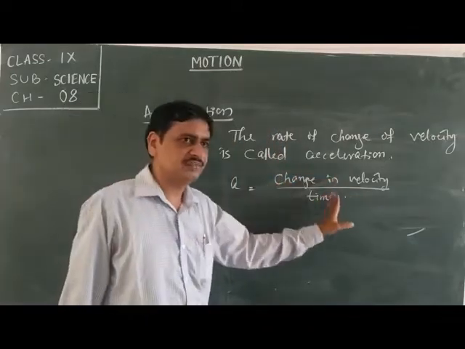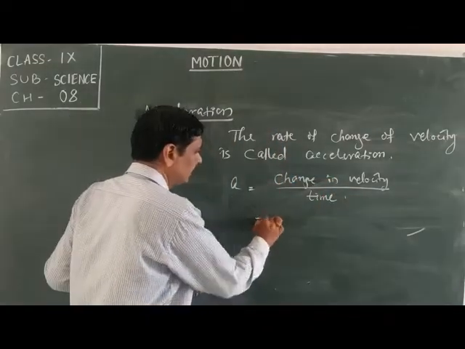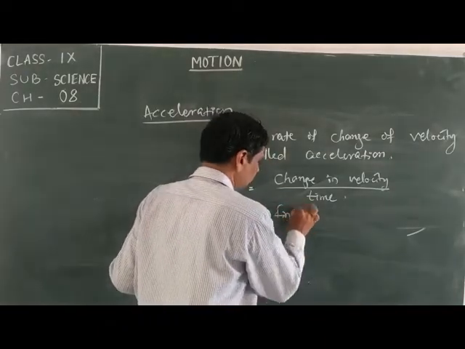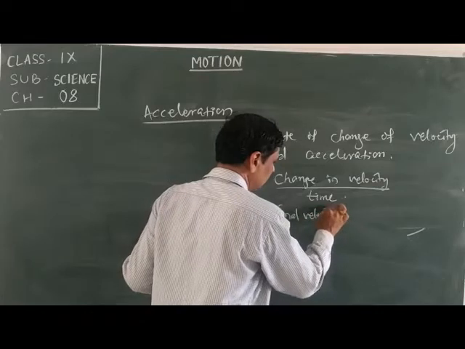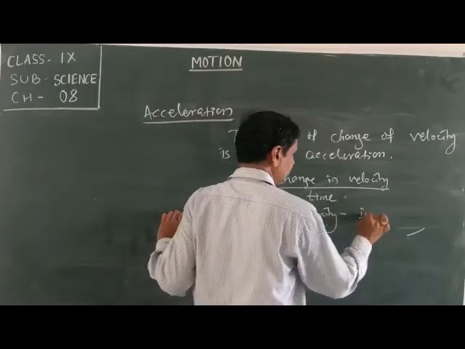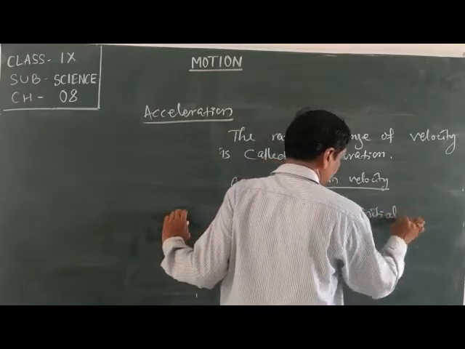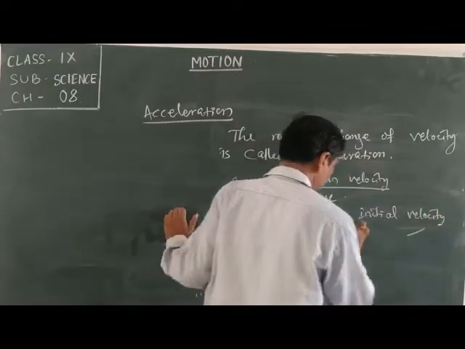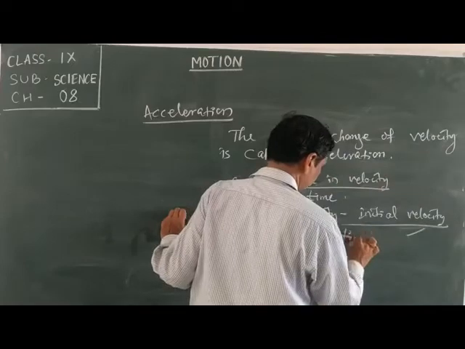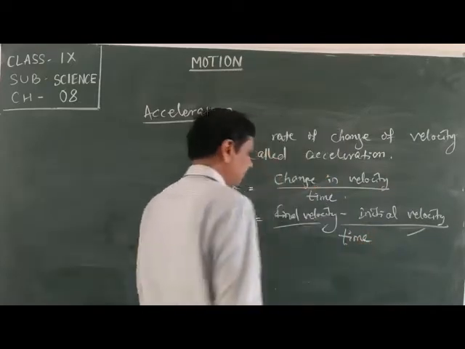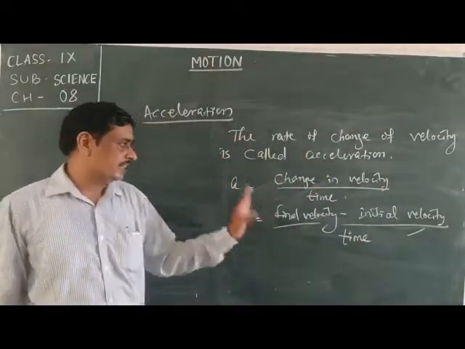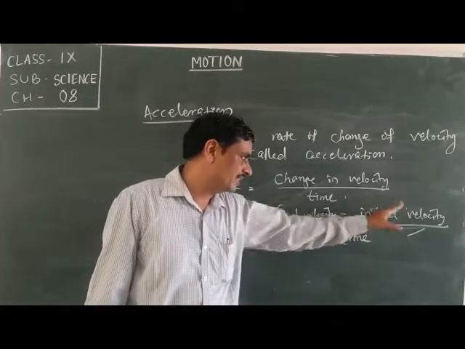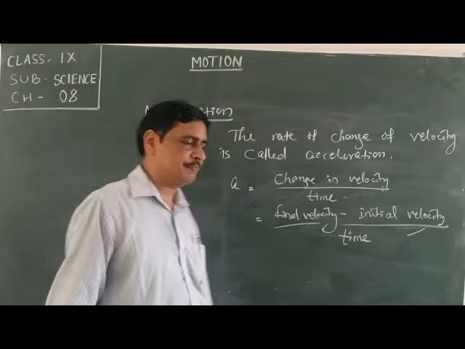Change in velocity by time, or change in velocity, that is final velocity minus initial velocity, by time. Here acceleration can be calculated as final velocity minus initial velocity divided by time.